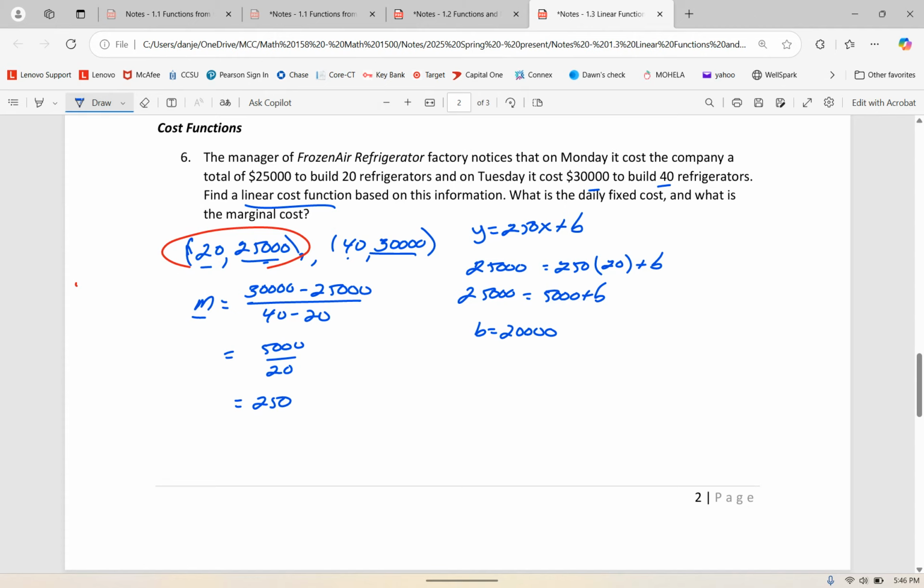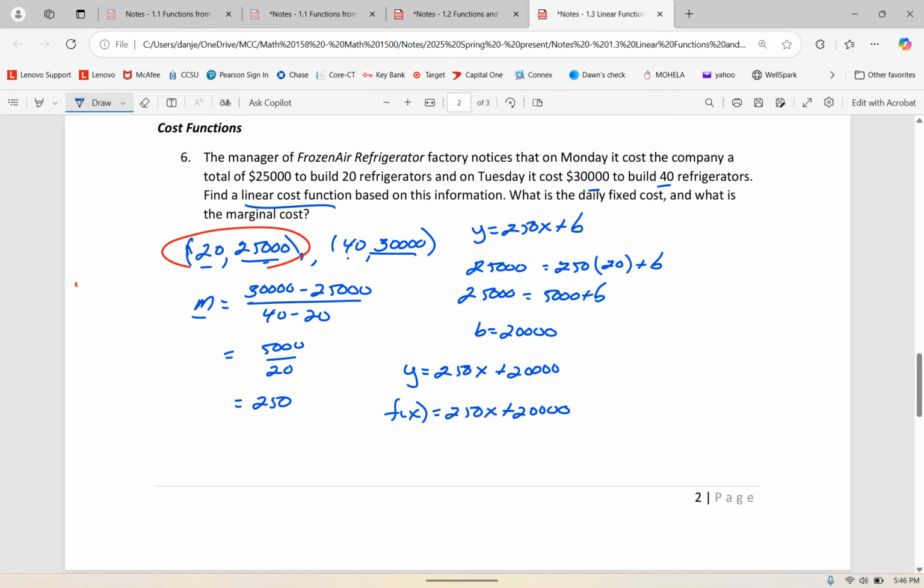So my equation, y, or f of x, is 250x plus 20,000.